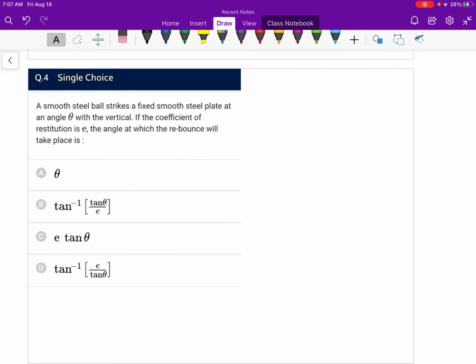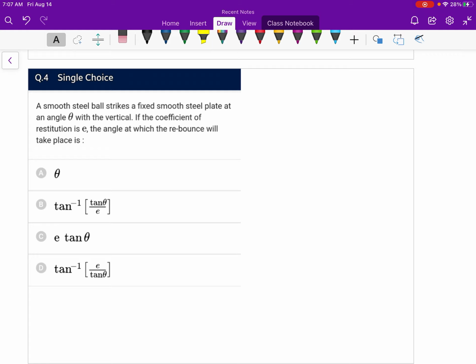A smooth steel ball strikes a fixed smooth steel plate at an angle theta with the vertical. The velocity component along the surface will remain the same and the velocity component along the normal will become e times.